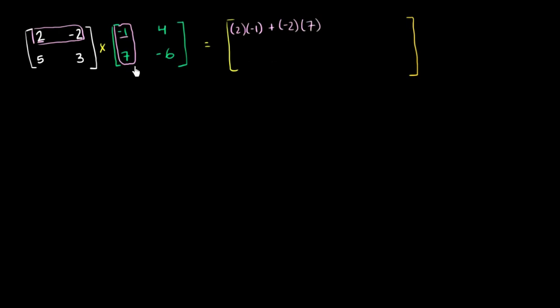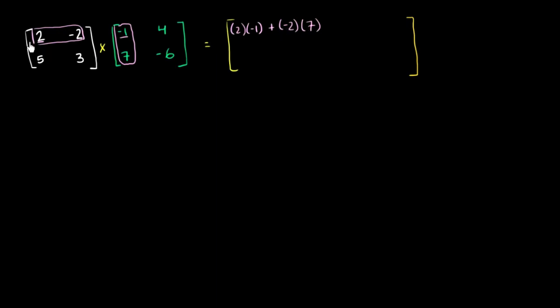Notice, I took the product of the first entry in the row and first entry in the column, then the product of the second entry in the row and second entry in the column, and then I added them together. That's essentially taking the dot product of this row vector and this column vector. If that doesn't make sense to you, if you're not familiar with vectors and dot products, don't worry about it. We just took the product of the first entries, the product of the second entries, and added them together to get some number, and we'll calculate that in a few seconds.